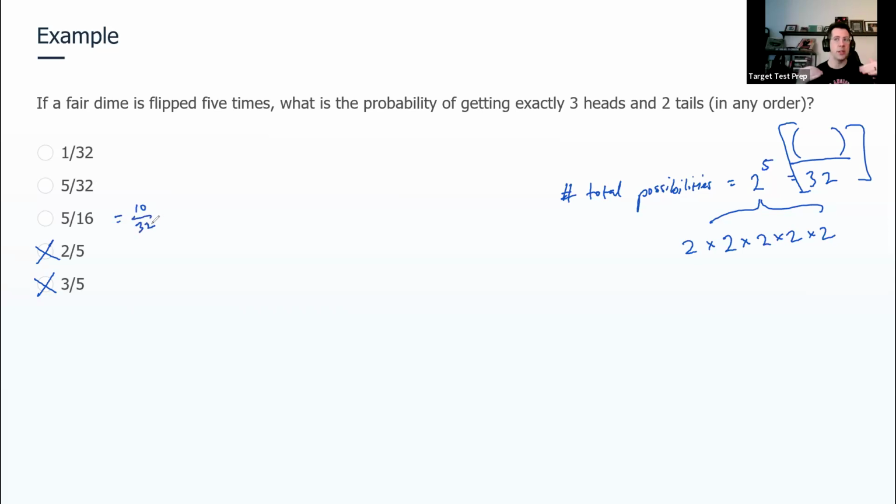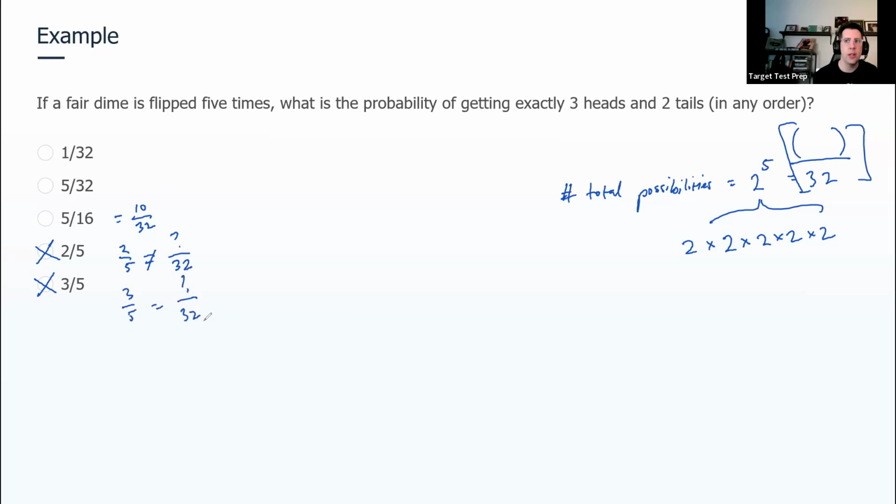But 16 is a factor of 32. If you look at 2/5 and 3/5, 5 isn't a factor of 32. So there's no way for 2/5 to be something divided by 32, right? Obviously the numerator and denominator will both have to be integers. You can't reduce that down to 2/5 or 3/5, right?